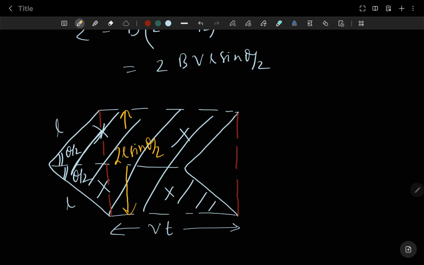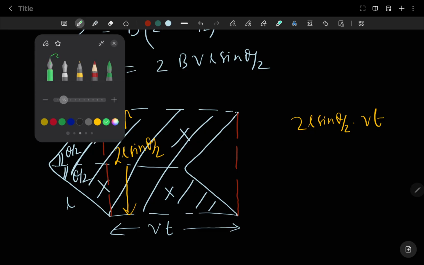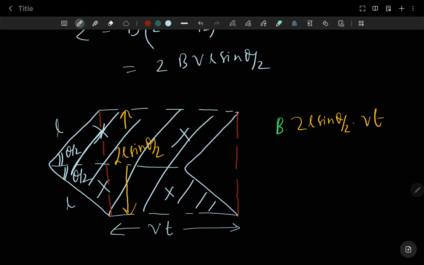Now what is the area of this rectangle? 2L sin theta by 2 into vt. If you multiply it with B, B into this area is the change in flux.